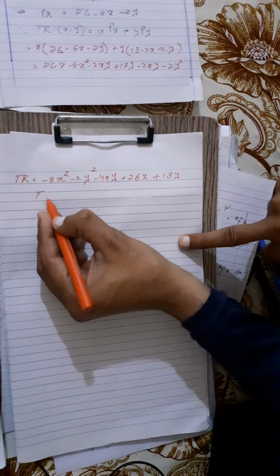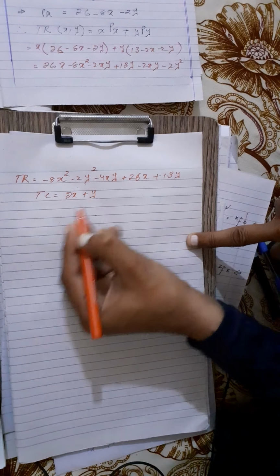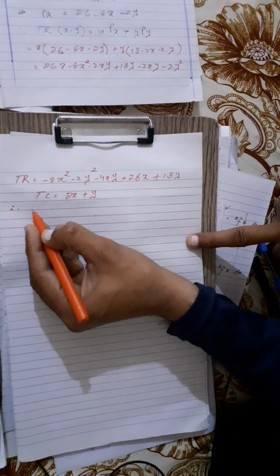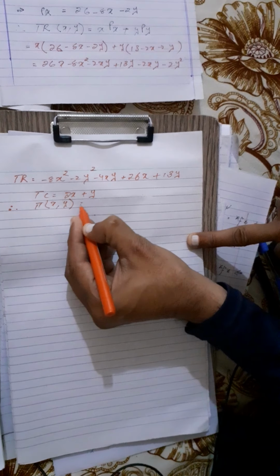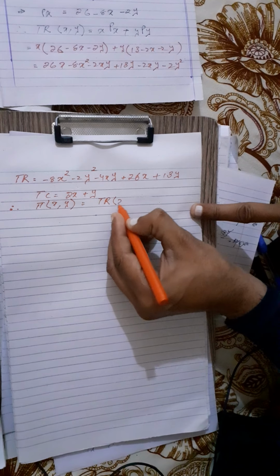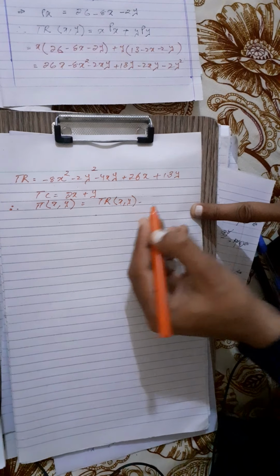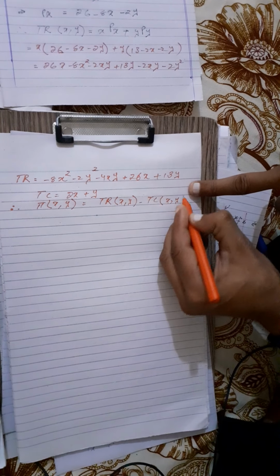The total cost function is 2x plus y. Therefore, the profit function in terms of x and y will be equal to total revenue in terms of x and y minus total cost in terms of x and y.